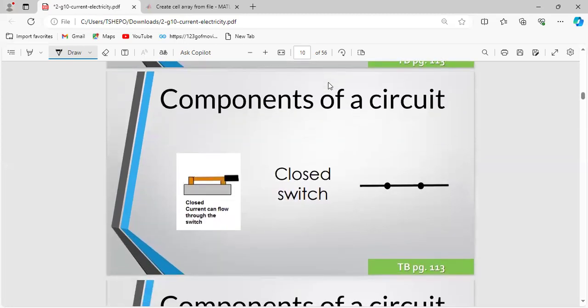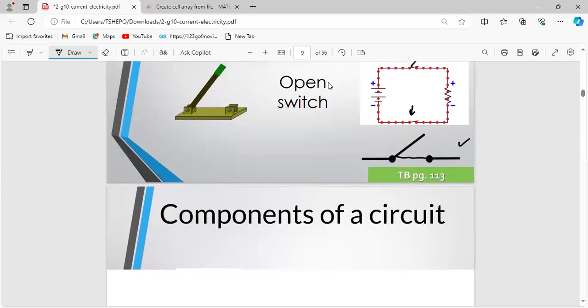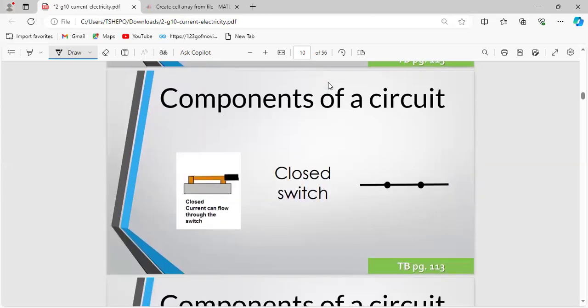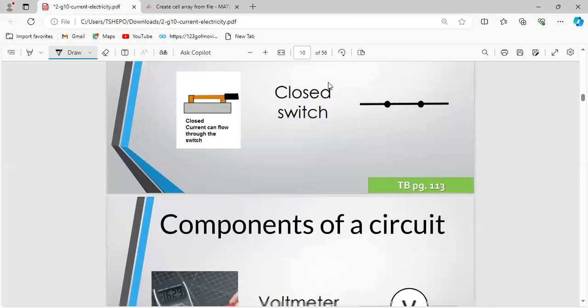I've already explained how, in real life, an open switch looks, and this is how the closed switch looks. See, I tried to draw a line there to show that this switch is open, this switch is closed. So I've already explained this, okay? All right.